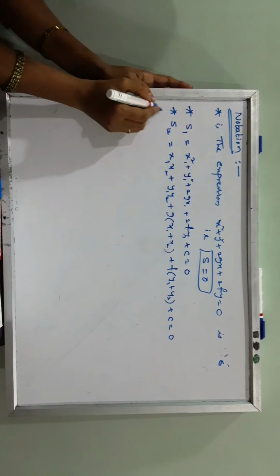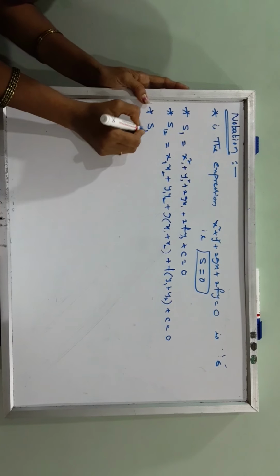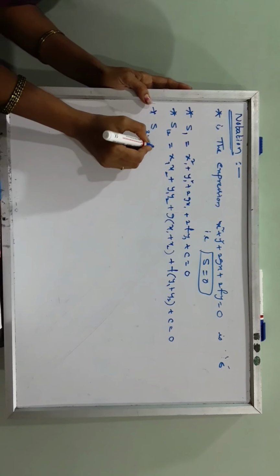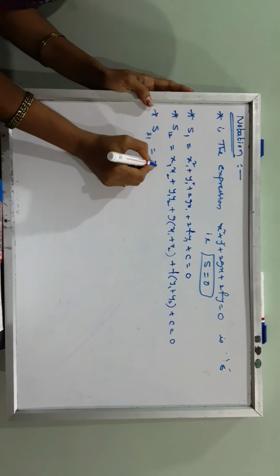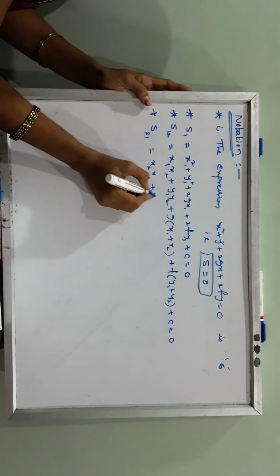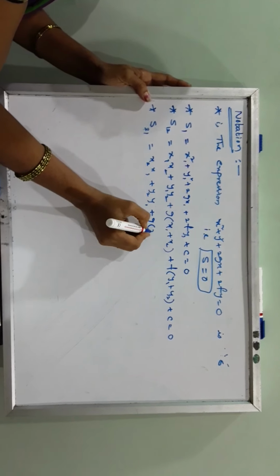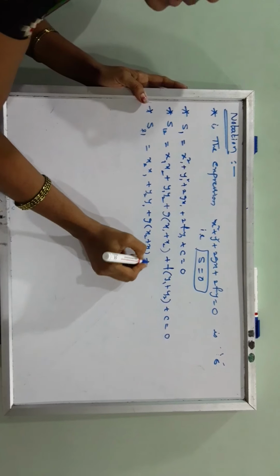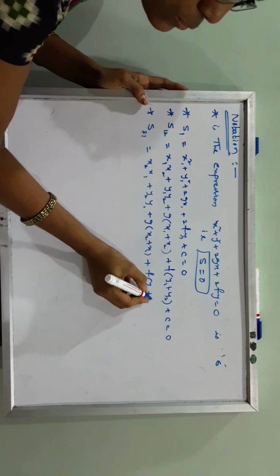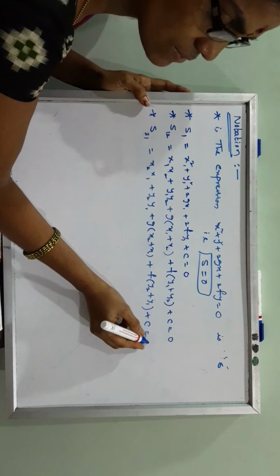Now the fourth one is S21. S21 can be written as x2 x1 plus y2 y1 plus g of x2 plus x1 plus f of y2 plus y1 plus c is equal to 0.